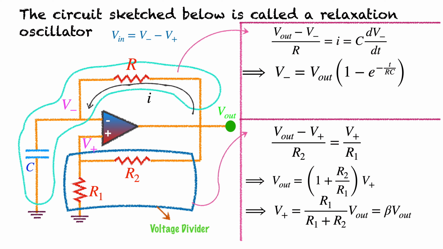So the current flow will be in the opposite direction, and instead of charging, the capacitor will do its discharging process. In the next slide we will show you how this charging and discharging of the capacitor is going on, and why it should get up to beta V output rather than V out.